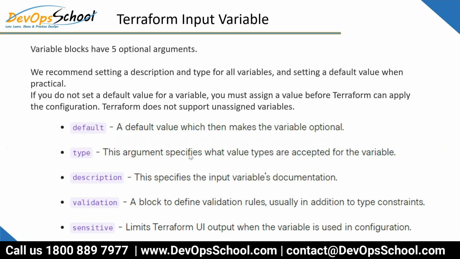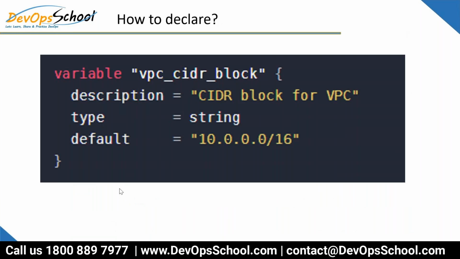Okay. So now the next question is how can you declare variables in a Terraform file? When you declare a variable in a Terraform file, it has 5 arguments: default, type, description, validation, and sensitive. Validation and sensitive are optional. Let me show you this example. This is one variable declared. Now, which type of variable?